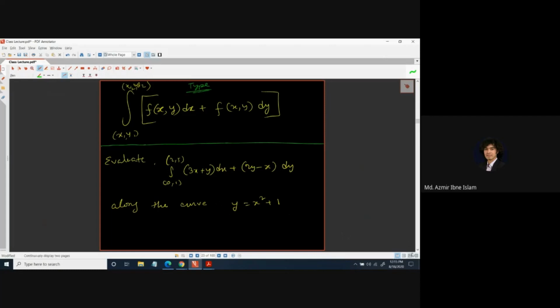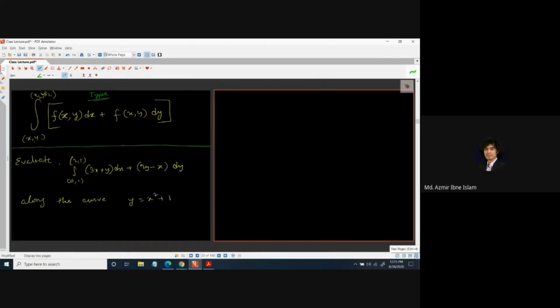Let's say this is step 1. The points we have are (0, 1) and (2, 5). Here we have x equal to 0, y equal to 1.